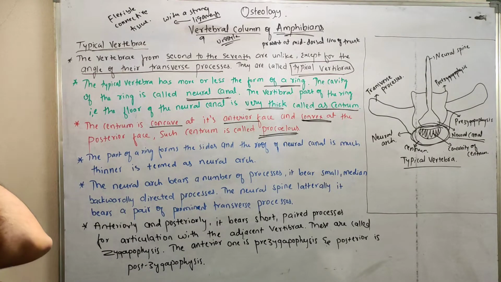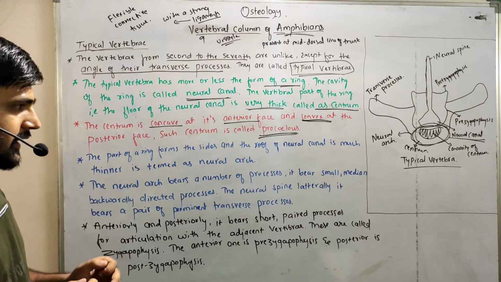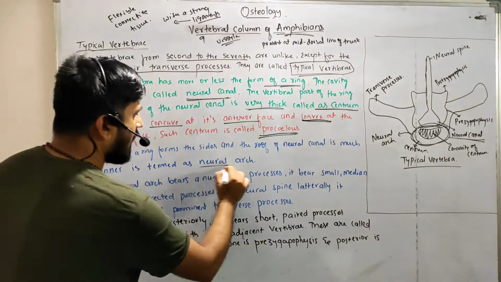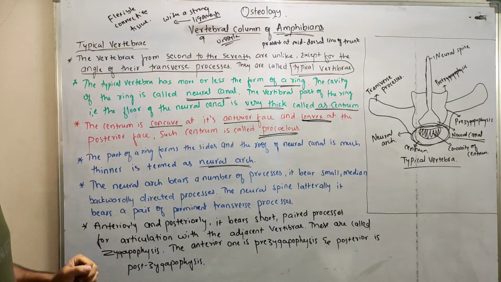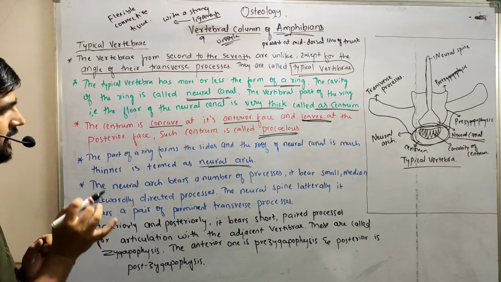The next point is that the part of the ring which forms the sides and roof of the neural canal is much thinner and is termed the neural arch. The vertebrae are not completely rings, but ring-like structures.